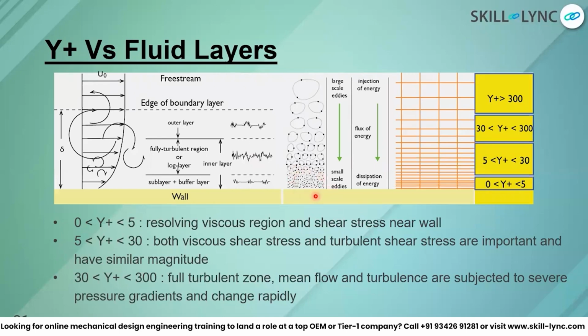We need to resolve all of this properly, and that's why there are certain rules when solving turbulent flow. If you don't understand turbulent flow properly, you will not resolve the physics or get the correct results.